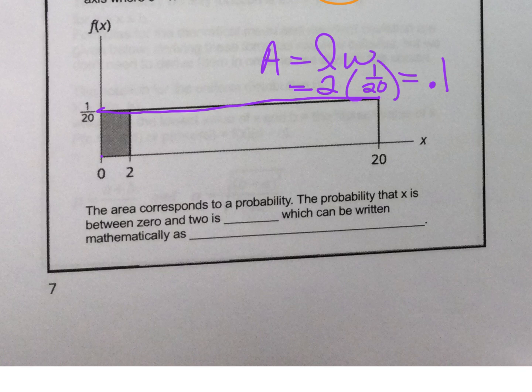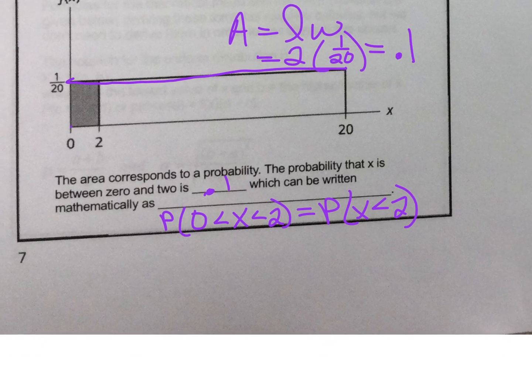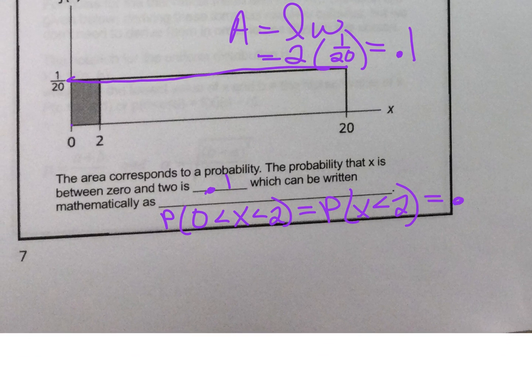So the probability that x is between 0 and 2 is 0.1, which can be written as the probability that x is between 0 and 2 equals the probability that x is less than 2, right? Same thing because of that 0, which would equal 0.1.